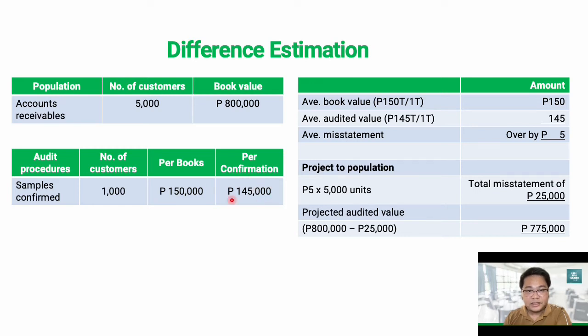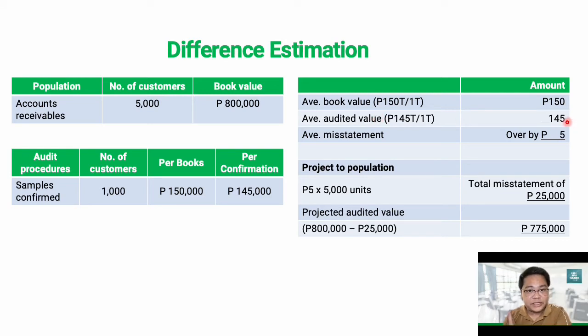pesos. Okay? So therefore, the average book value of the receivable is 150,000 pesos over 1,000 customers, which is 150 pesos per customer. Okay? And then the average audited value is 145,000 pesos over 1,000 customers, so we have 145 pesos per customer.